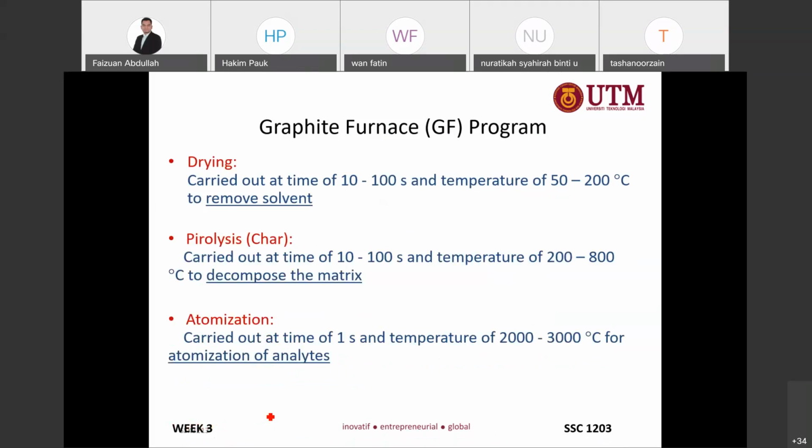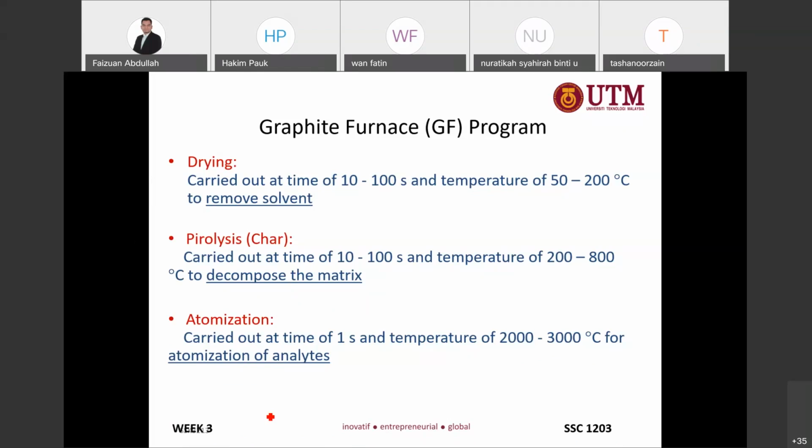And then the pyrolysis step occurs. It is carried out at a time of 10 to 100 seconds and temperature of 200 to 800 degrees Celsius to decompose. You want to detect the analyte. We don't need to detect the solvent, the matrix, and so on, right?